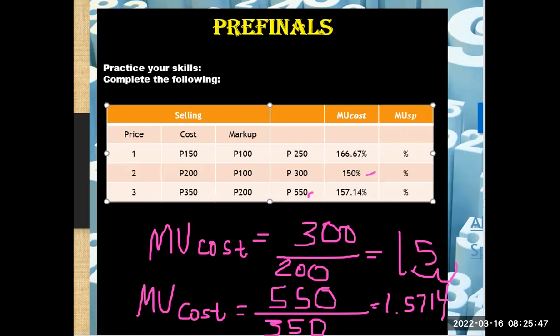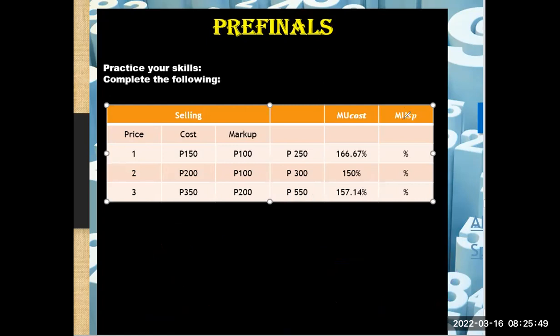Okay. Next, let's move to markup selling price. So, nasan ba yung selling price? Selling price is this one. Oh, ito yung selling price. So, markup based on selling price.